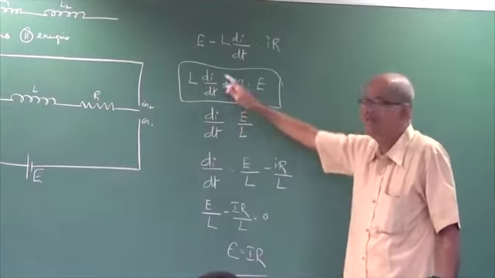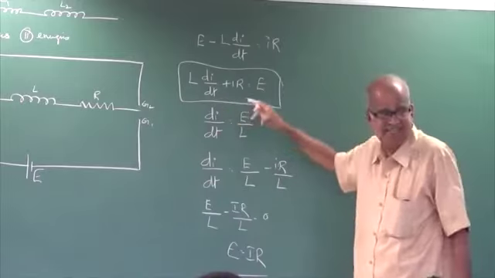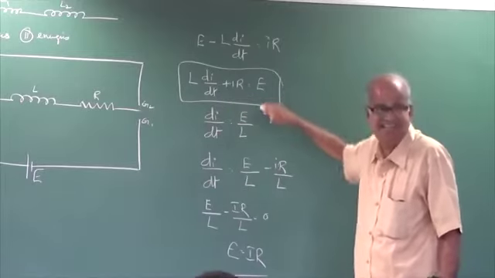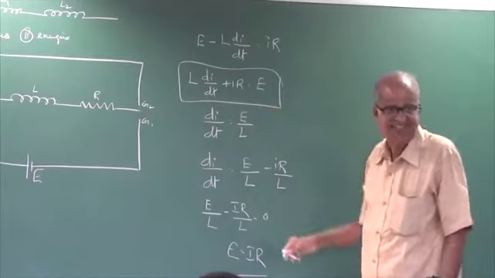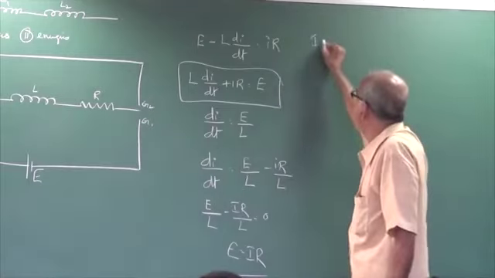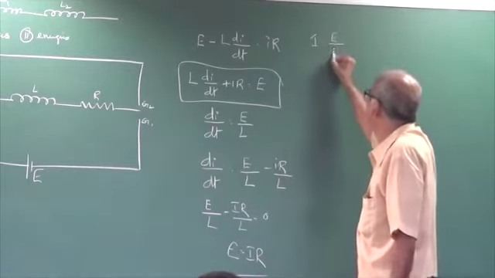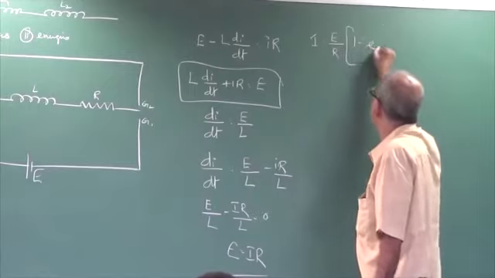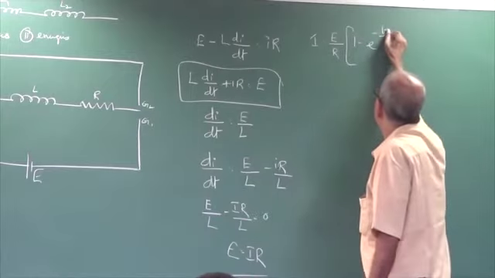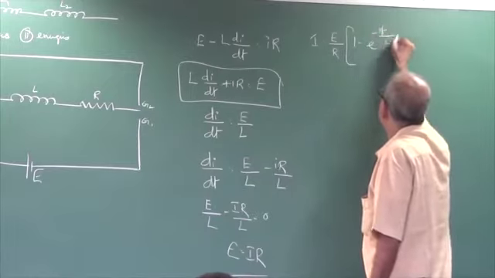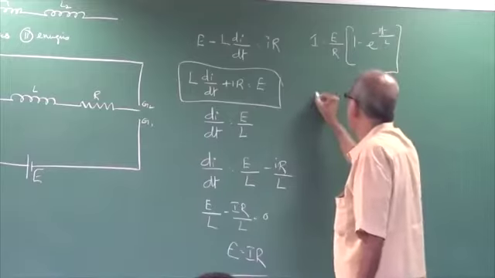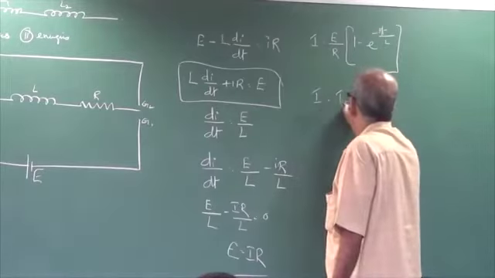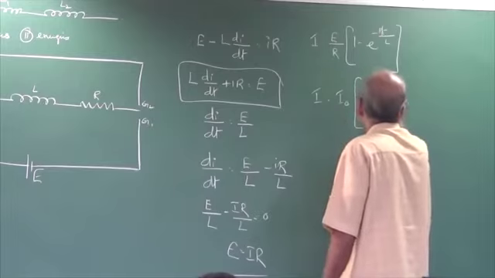Bring it down. dI by (E minus IR) is equal to dt by L. Integrate that. You can put in the boundary condition. You can write it as I equals E by R times (1 minus e to the power minus Rt by L). E by R is of course the maximum current.